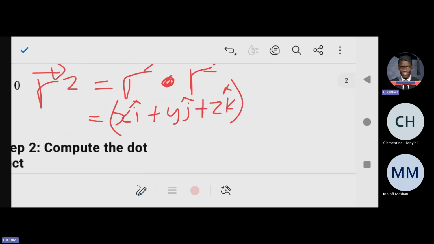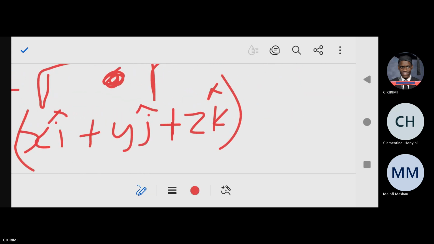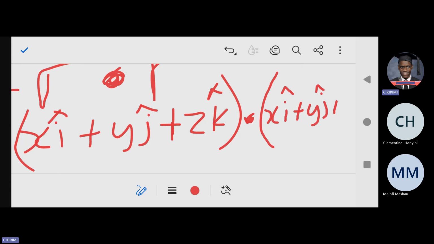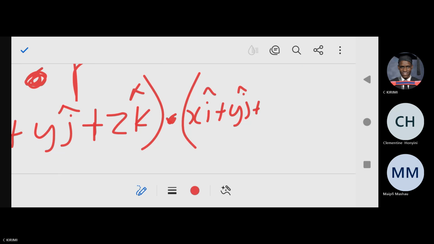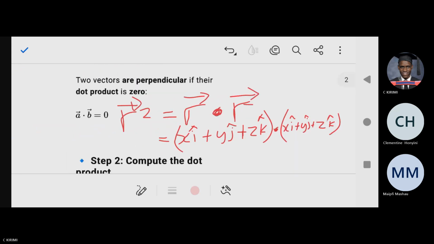Now we are dotting that vector. So it's a dot product. Dot. Then put a bracket, x in the i direction, plus y in the j direction, plus z in the k direction. So this is the dot product. That's what we are doing here.